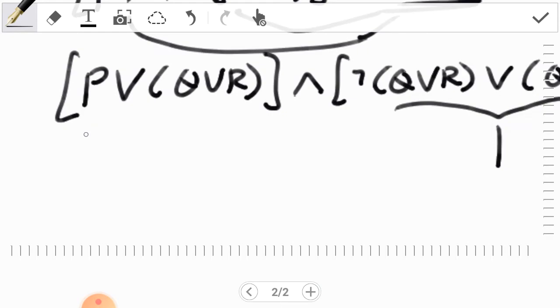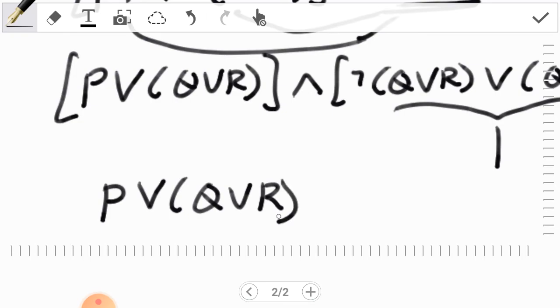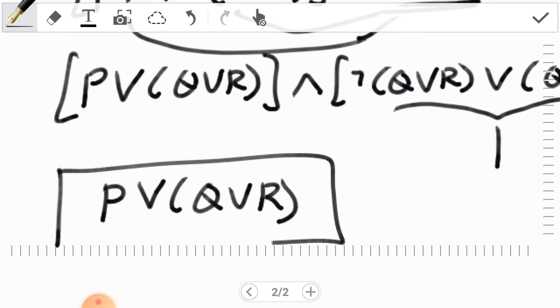And then, since this is a single proposition and the truth value 1, using again an identity rule, P and 1 is just P. Using that identity rule, a single proposition, let's say proposition P, and 1 is just equal to P. So that should now leave us P or Q or R. And that will now be the simplest form of the expression.